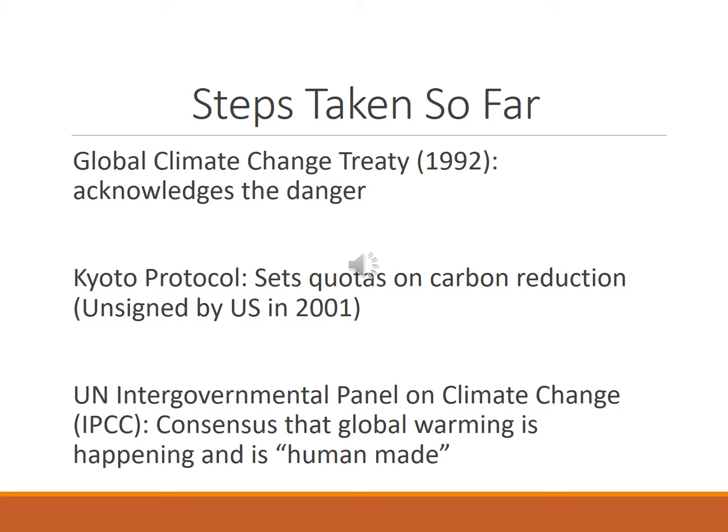It wasn't just some weird anomaly taking place in global weather patterns that was going to reverse itself eventually. It was the result of human activity. And this was an important step because it allowed a consensus to be created among the world community that this is our problem we have to deal with, and we have to cooperate in order to deal with it.